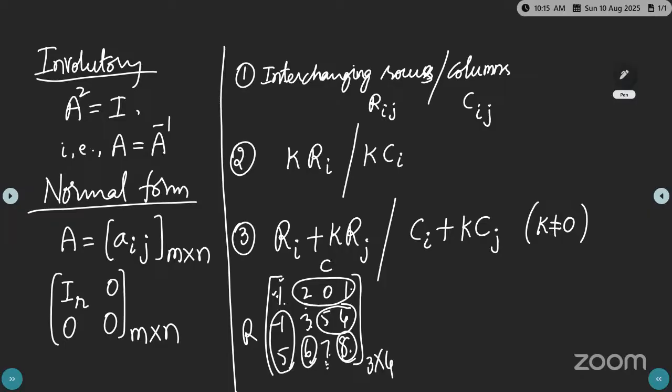Then you will be getting only these three elements non-zero. Again convert them into ones, unit numbers, only ones, by dividing with a non-zero scalar. So what you will get now?